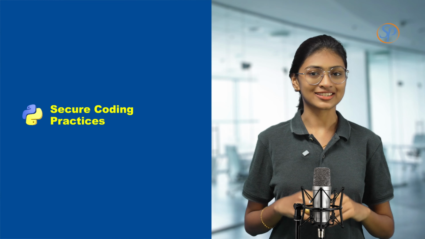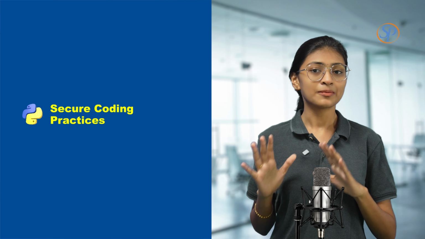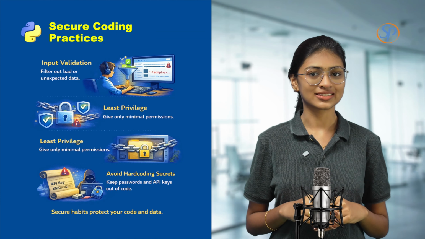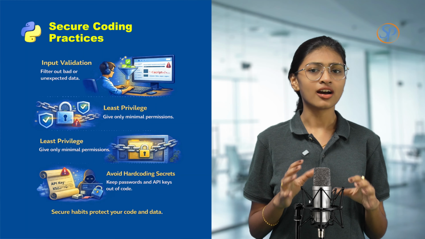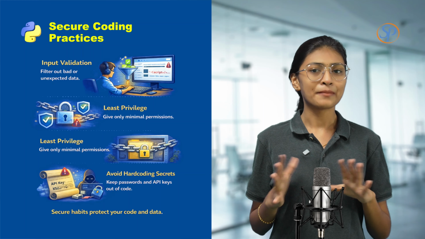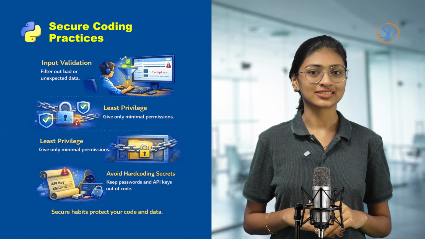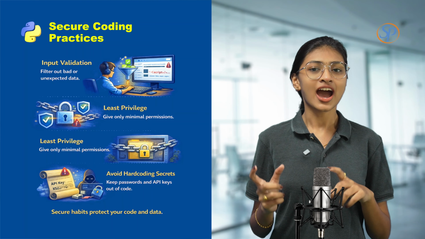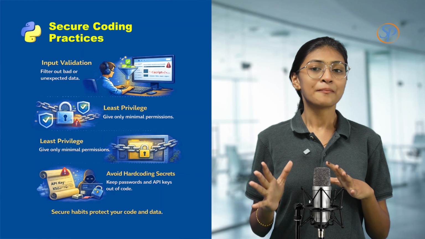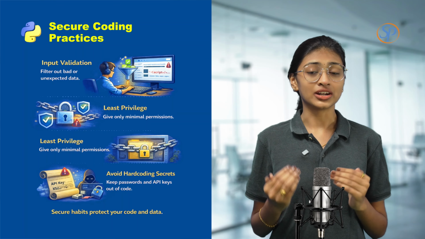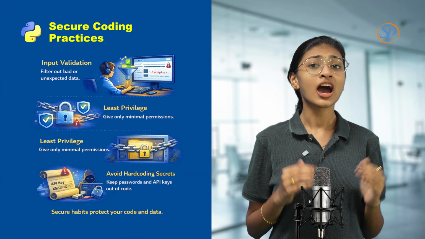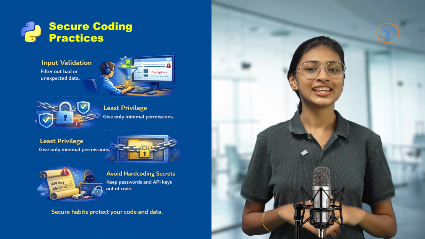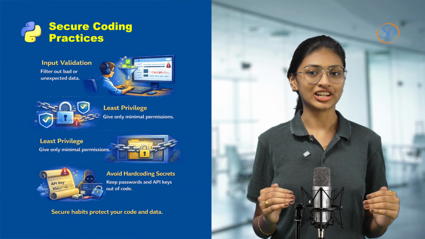Secure coding practices. Secure coding begins with simple habits. Input validation ensures that data coming into the system matches what we expect. Without validation, attackers can inject malicious input that changes how the system behaves. Another important idea is the principle of least privilege.